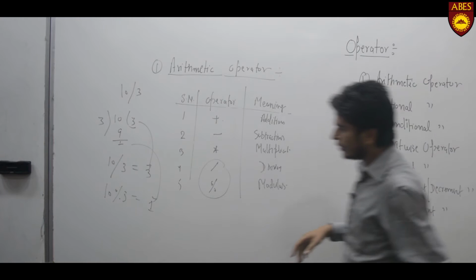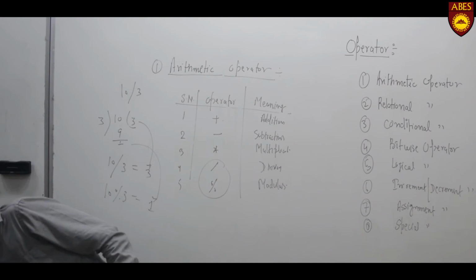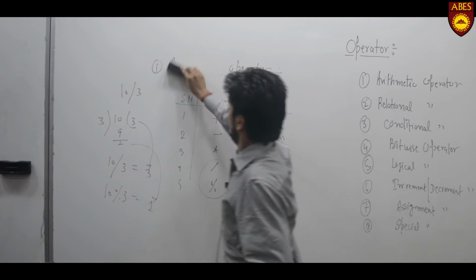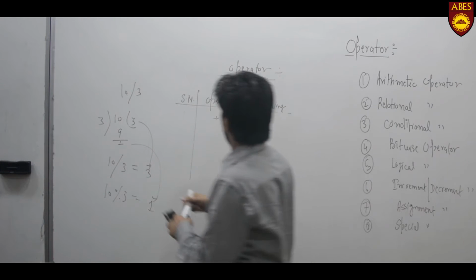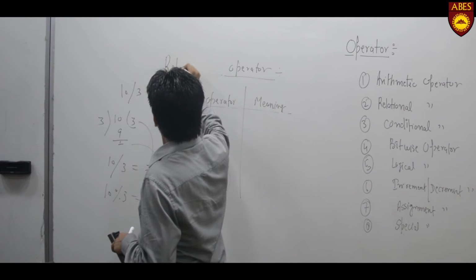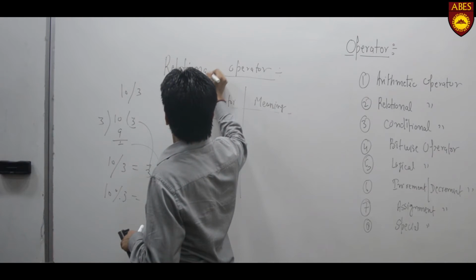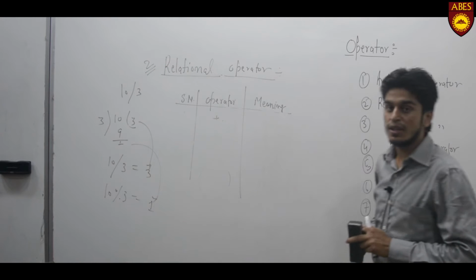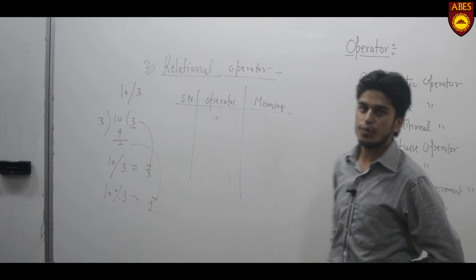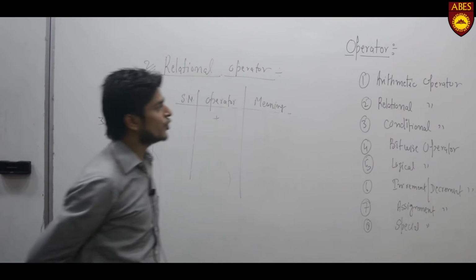Basically the second category is the relational operator. Relational operator is used to show relation between two operands.